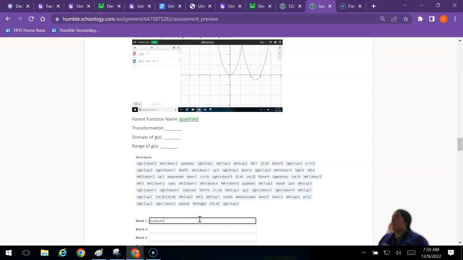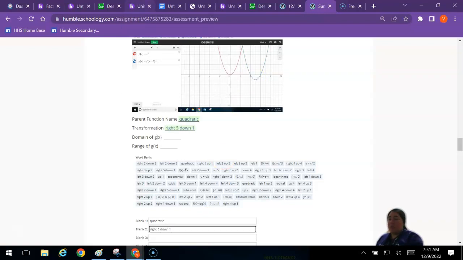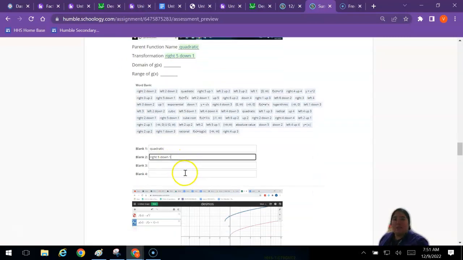You got to type it in. Transformation. How did it move? Right 5, down 1. So, right 5, down 1. You type it in right here, on these blanks right here. Right here, right here.